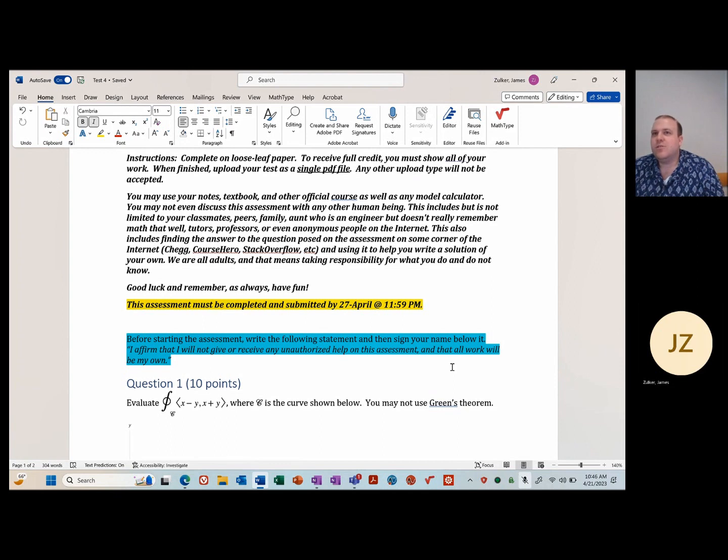Each one has 4. So I'll do a Stokes, then I'll do number 2 on divergence, then number 3, so on and so forth. I think I'll also make both of the final quizzes take home. I'll just create a form for them, post them on Teams. Don't know when I'm going to do that. I'll probably do that Monday. And then just have them done by, let's say, Thursday.